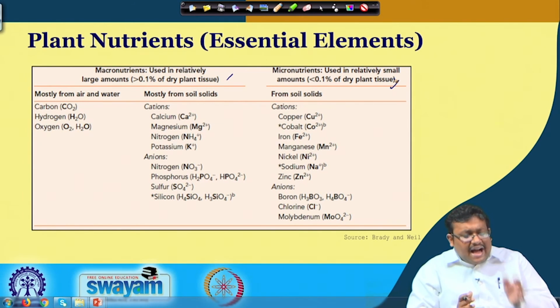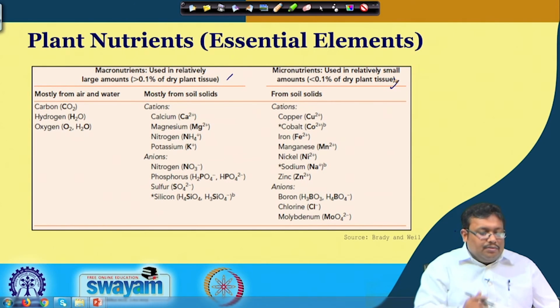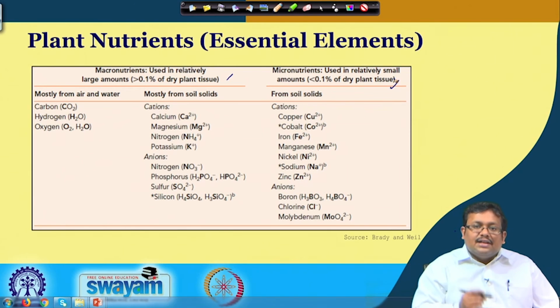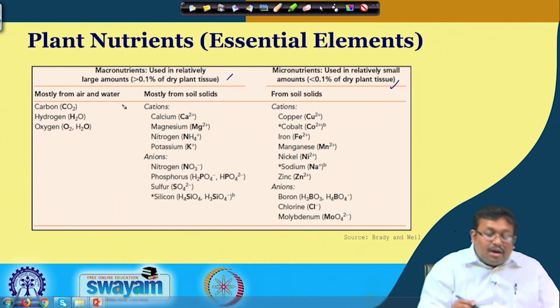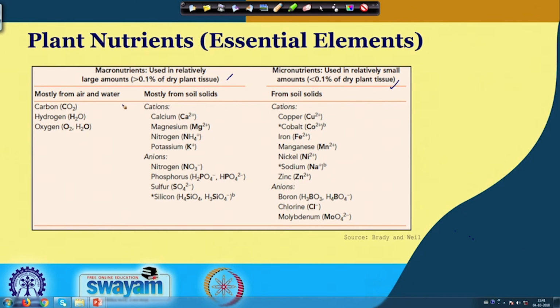Carbon, hydrogen, oxygen, we call them structural elements, and the plants basically get these from air and water. However, the other 17 elements are divided into macronutrients and micronutrients.